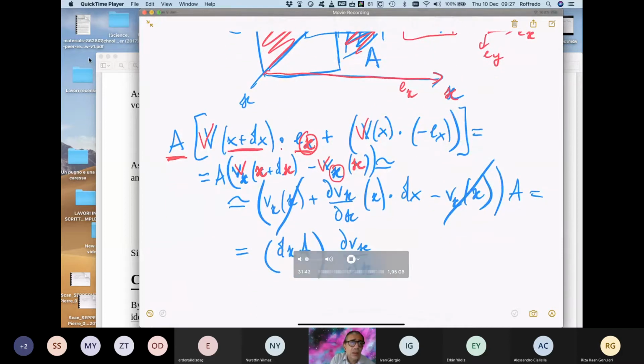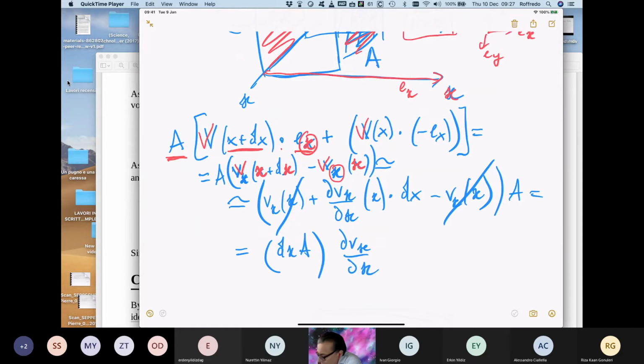So you can use Taylor expansion for estimating this increment here, so that you get Wx plus dWx over dx times dx minus Wx calculated in X. This is the reason for which we will have the same variable for direction, for projection and for calculating derivatives.